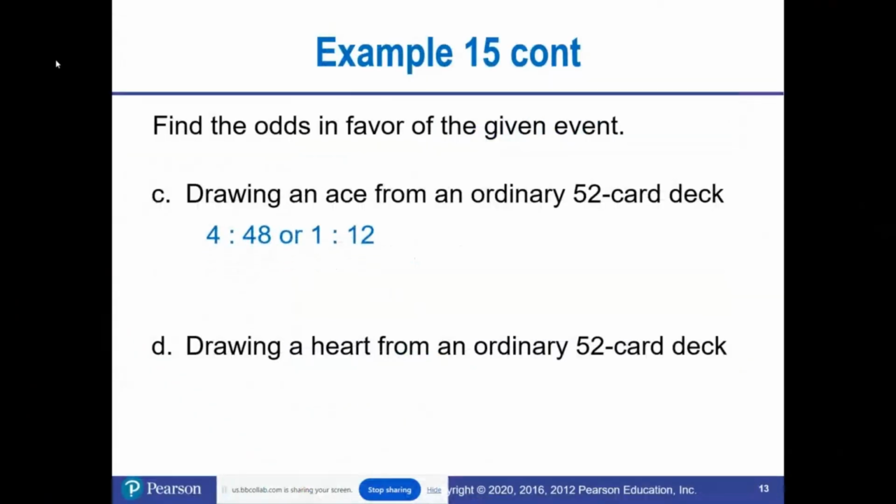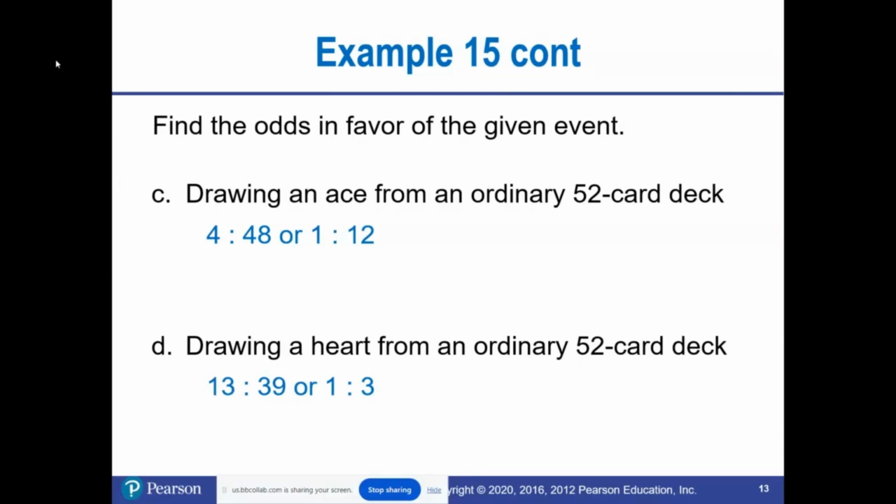Okay, drawing a heart from an ordinary 52 card deck. That should give us basically the same result as what we had on C because there's 4 aces. That means there's 4 of every type. So there's, mixing those up. I'm thinking the ace is the number this time. With the heart, you've got 4 different suits in a deck of cards.